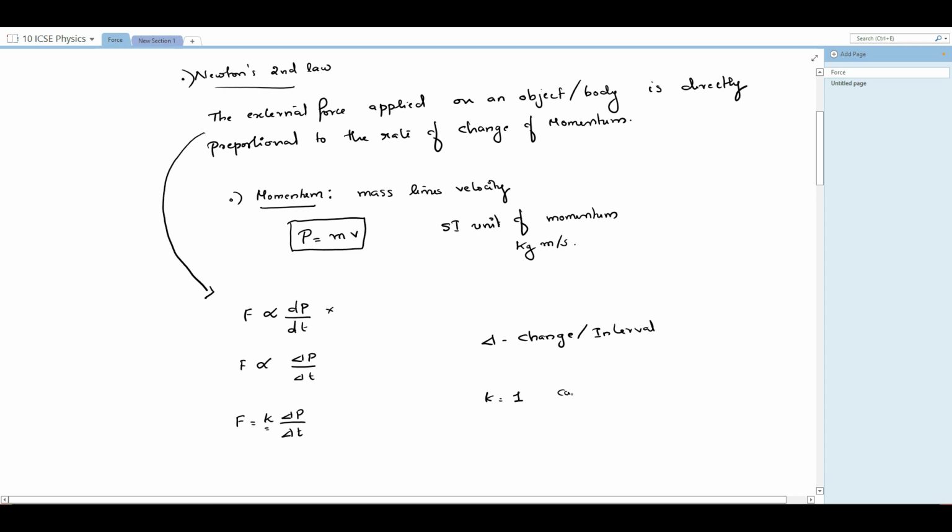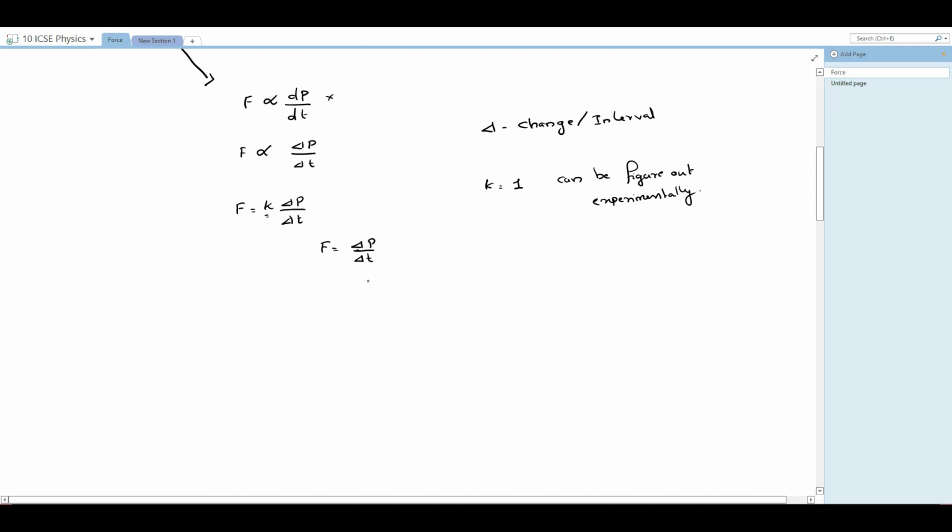It can be figured out experimentally. I hope there is no doubt. Then what is F? F is equal to delta p by delta t.